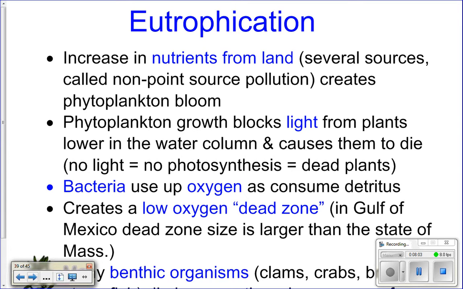Because these plants are dead, they're not doing photosynthesis, not creating oxygen. It actually creates this oxygen dead zone, or a low oxygen zone, which we call a dead zone, because nothing can live there. So all plants and animals basically can't survive there because there's not enough oxygen for them to breathe.